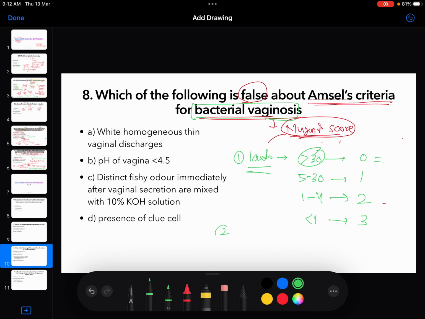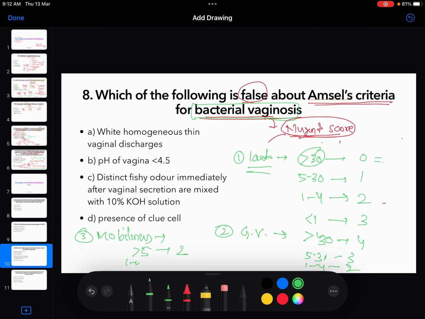On the other hand, for Gardnerella vaginalis, if the count is more than 30, the score is 4. 5 to 30, the score is 3, and 1 to 4, the score is 2. Similarly, for Mobiluncus, if the count is more than 5, then the score is 2.